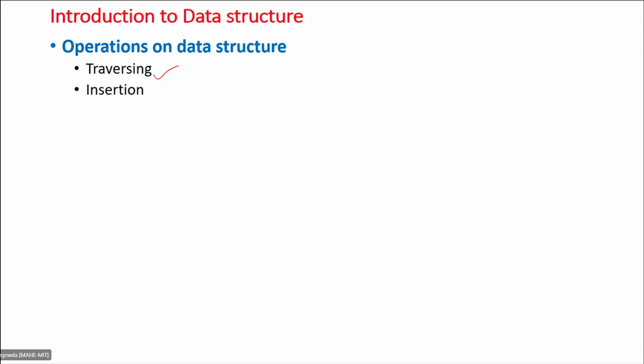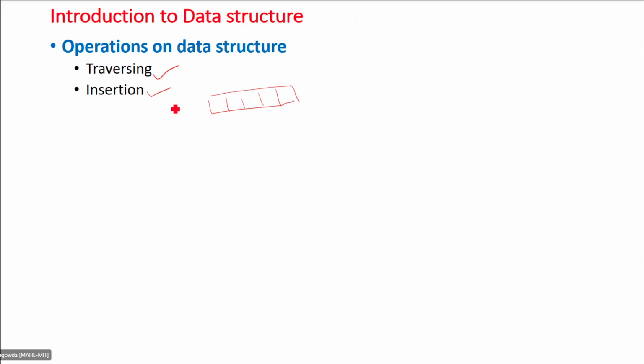Next operation is insertion. Insertion can be defined as the process of adding elements to the data structure at any location. Say for example, you already have a pre-existing data structure.